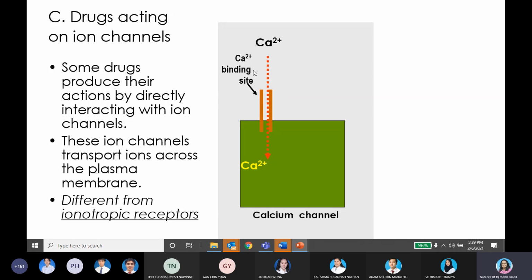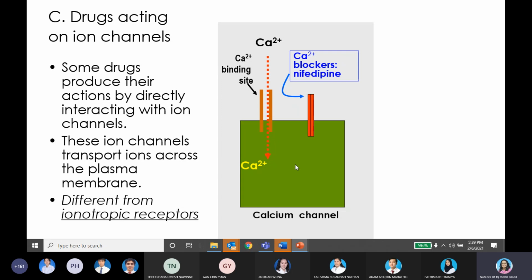The 2 brown bars here are calcium channels. There's a binding site where the drug can bind straight away. This is not a receptor. It just binds to the binding site of the calcium channels, and what happens? It closes the channels, and when it closes the channels, the calcium cannot come in.